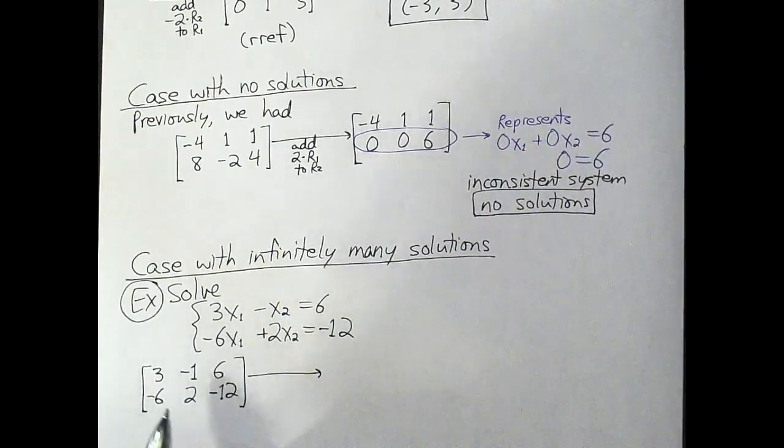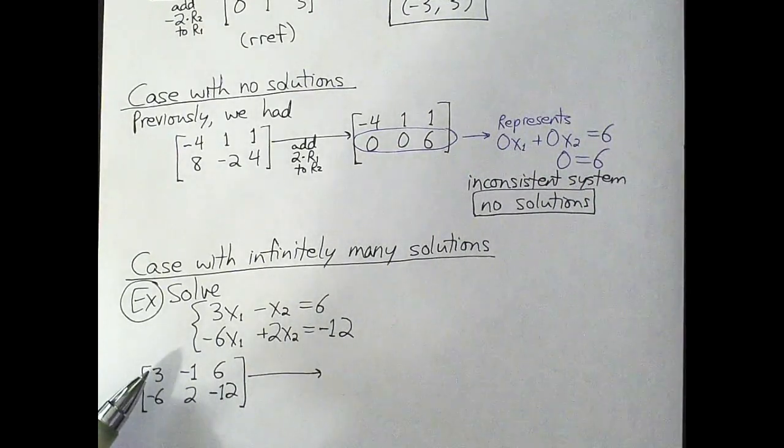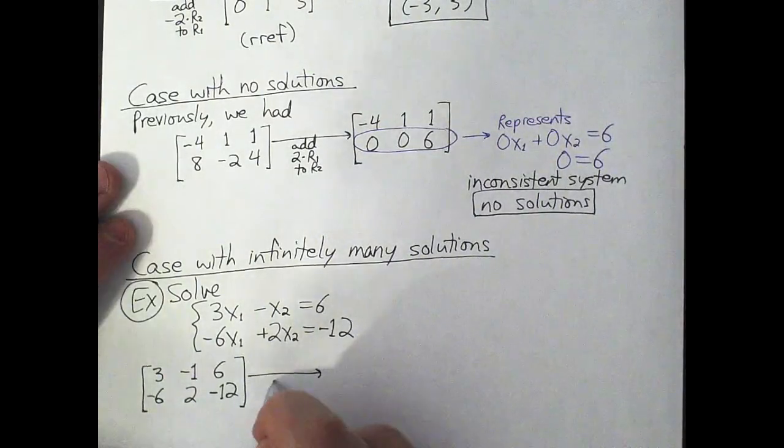Getting rid of that negative 6 looks pretty easy because there's a 3 above it. If I did 2 times 3 and added that to the negative 6, that would work nicely. I'm always looking for something like that: what multiple of row 1 would I have to add to get rid of this negative 6? So I am going to add 2 times row 1 to row 2.